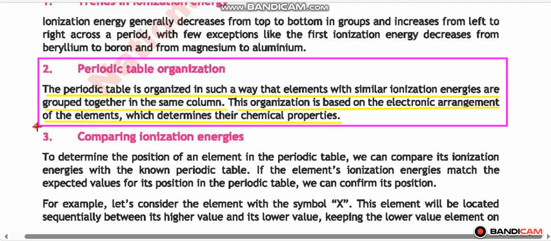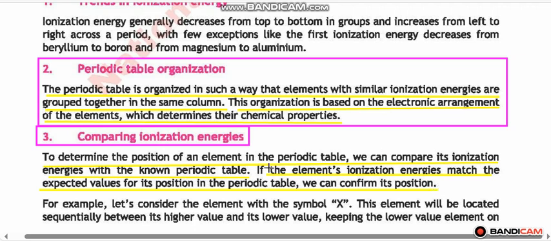Next, comparing ionization energies. We can also compare the ionization energy of different elements. For example, to determine the position of an element in the periodic table, we can compare its ionization energies with the known periodic table. If the element's ionization energies match the expected values for its position in the periodic table, we can confirm its position.